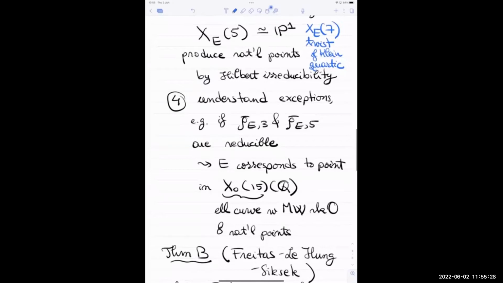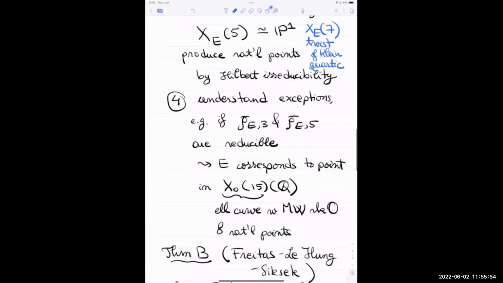Another thing to say is, over Q, handling exceptions is relatively easy. Over a real quadratic field, handling exceptions is more involved. You have to consider modular curves with small level at 3, at 5, and at 7, and you have to understand all their rational points.